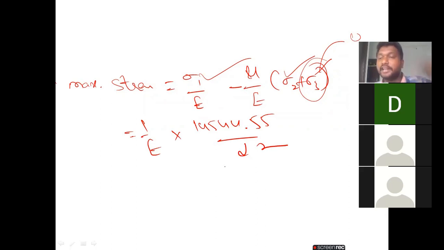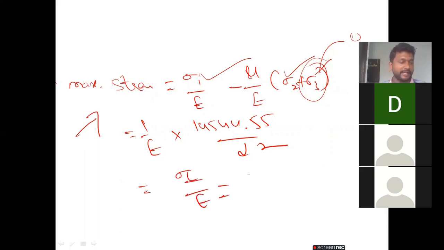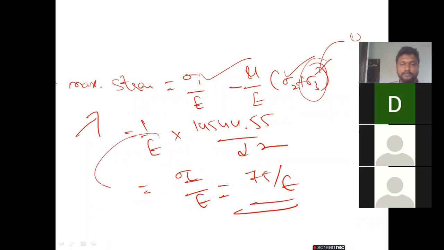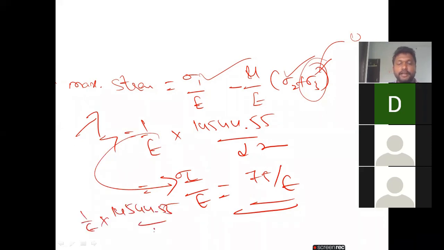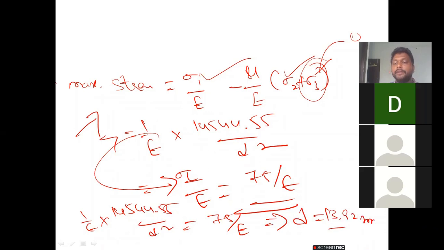Previously we calculated the d value as per the principal stress theory, and now I am calculating as per the principal strain theory. We already know the maximum strain is sigma t by E, so sigma t is 75 by E. If you equate both, 1 by E into 14544.55 by d square equals 75 by E. Then I got the d value as 13.92 mm.